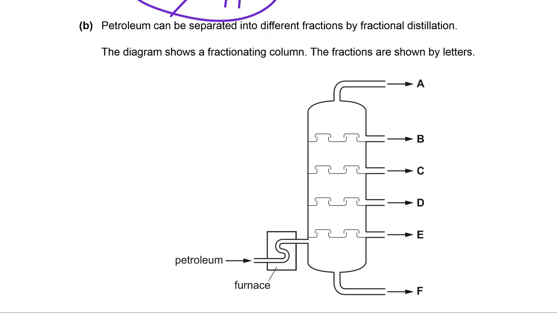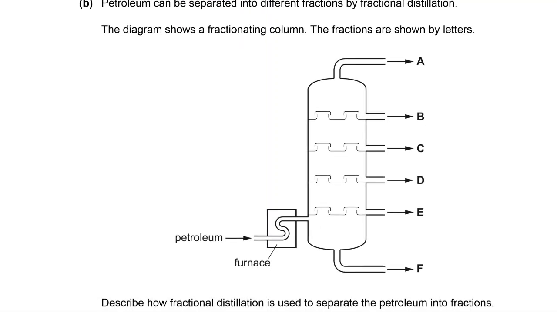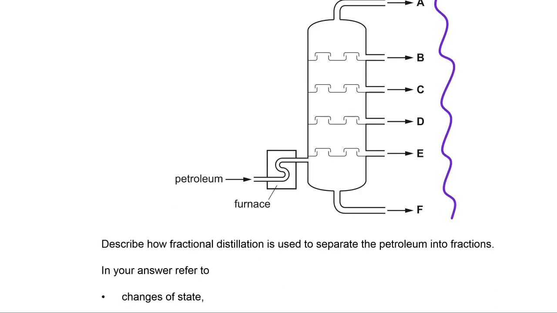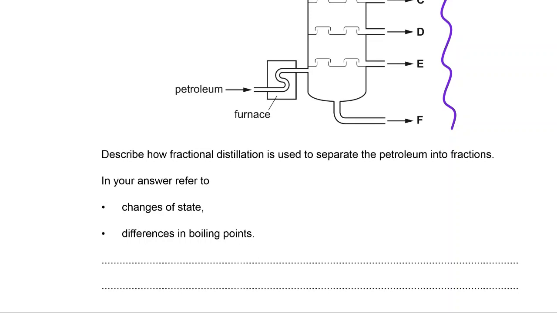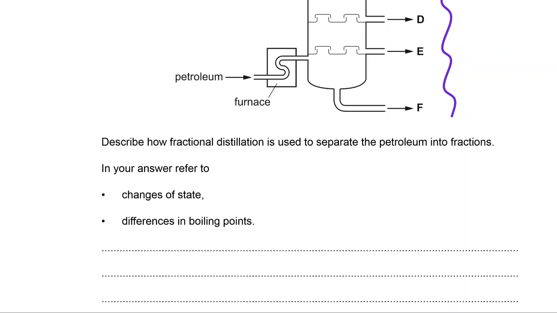The diagram shows a fractionating column. The fractions are shown by letters. What I want from all of you, dear students, is that you memorize the fractions from your coursework. So describe how fractional distillation is used to separate petroleum into fractions. Change of state, free.